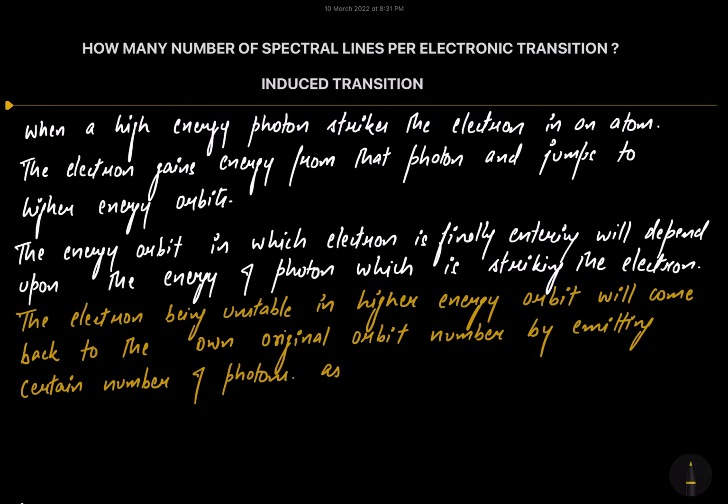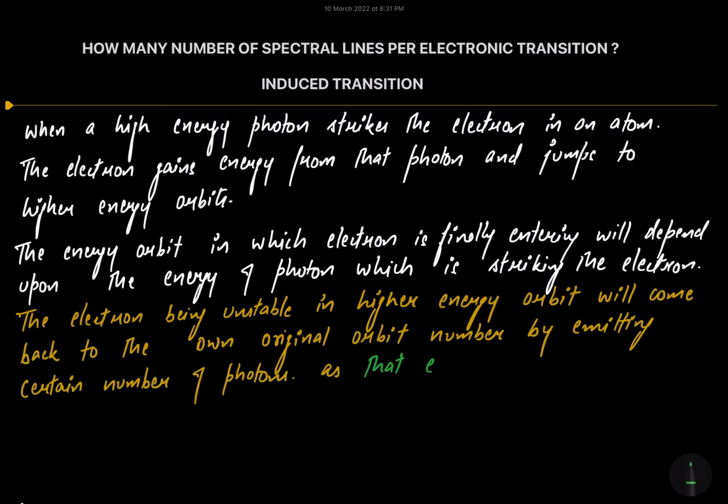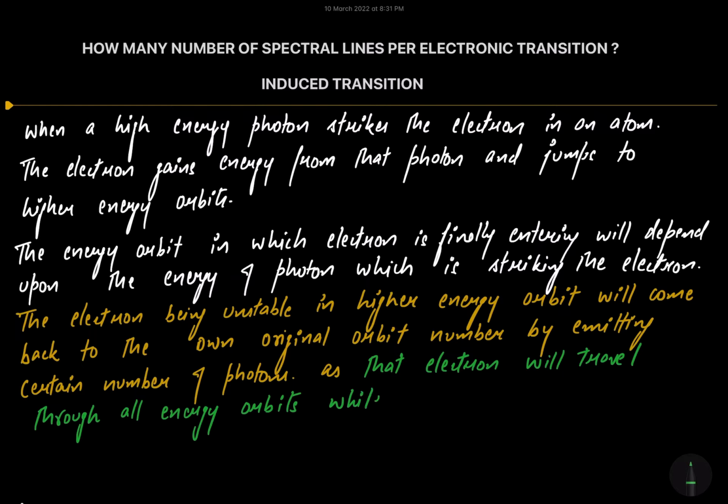Very importantly, that electron will travel through all energy orbits while coming back to the original orbit.